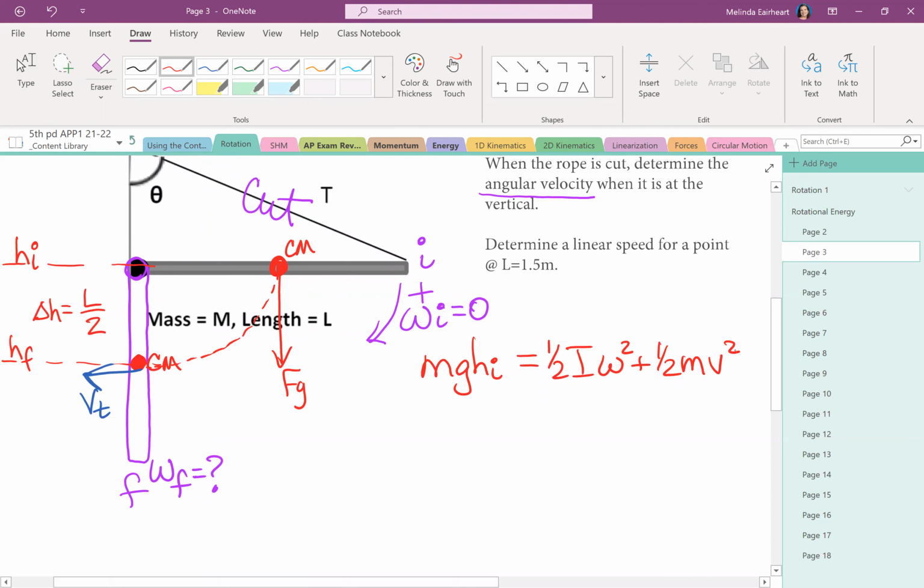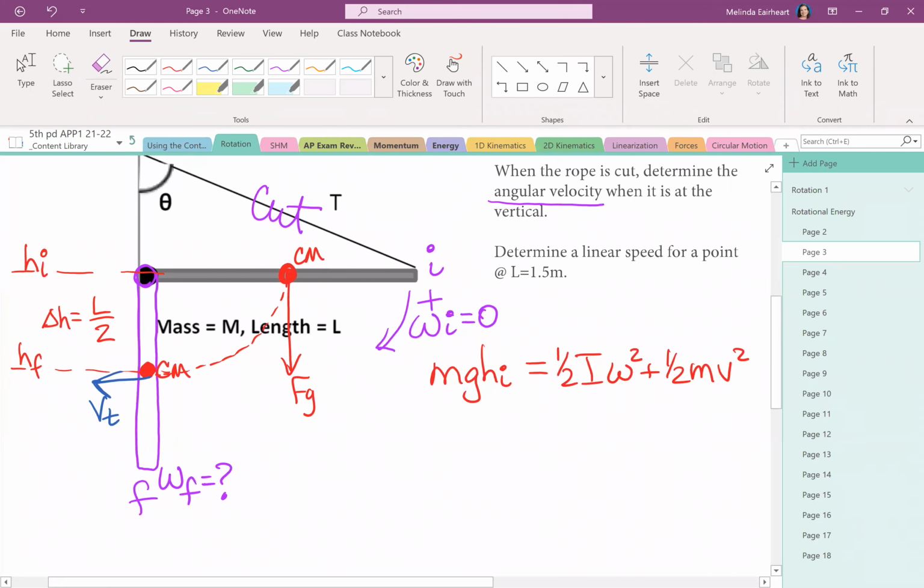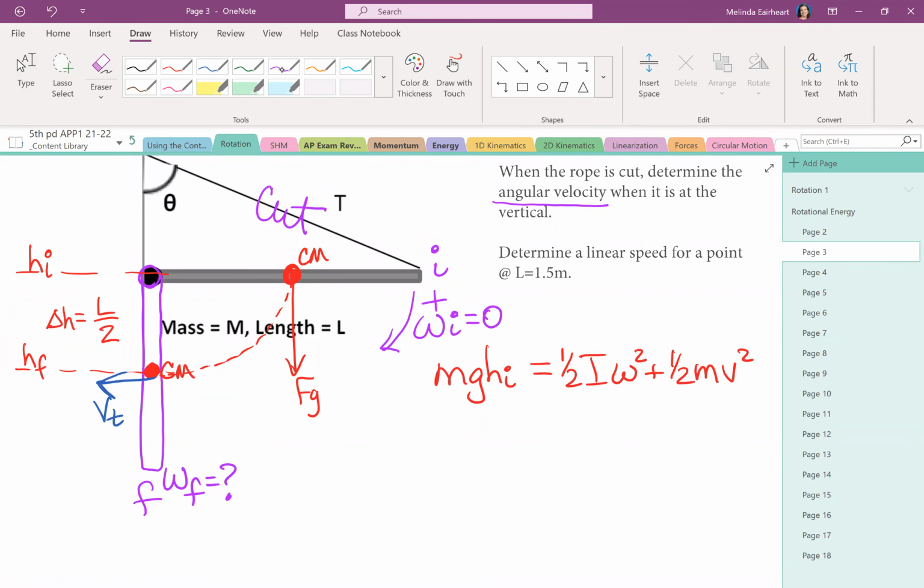Now, a couple things here. They want the angular velocity, so we can keep our omega and do the non-slip. Yes, we're going to do non-slip. We'll assume that the hinge, by the way, this is pretty common, is frictionless, okay? So there's no energy losses. Every time it rotates, it's going to have that linear motion change.